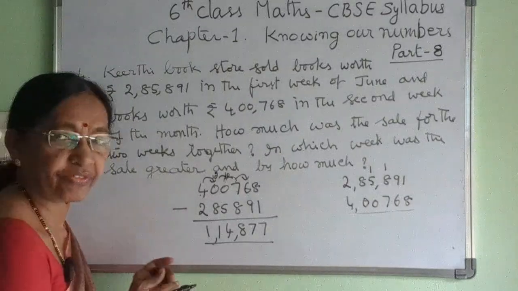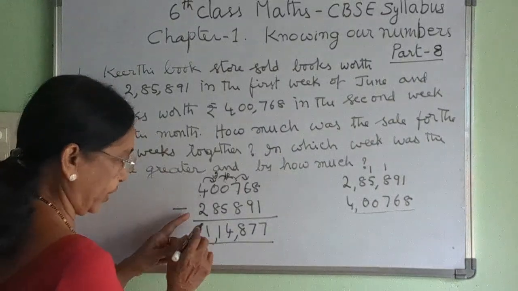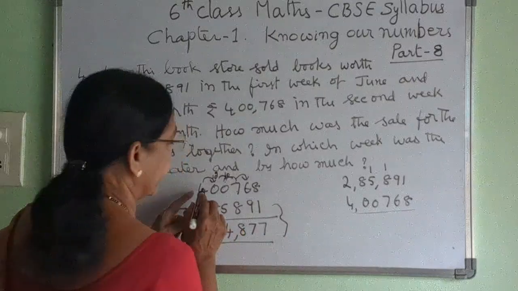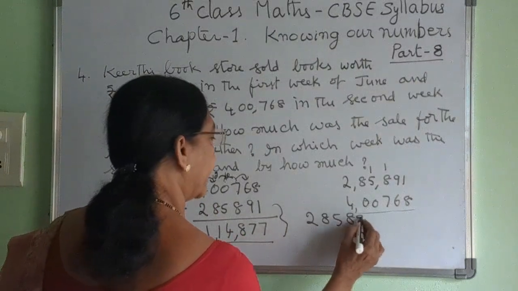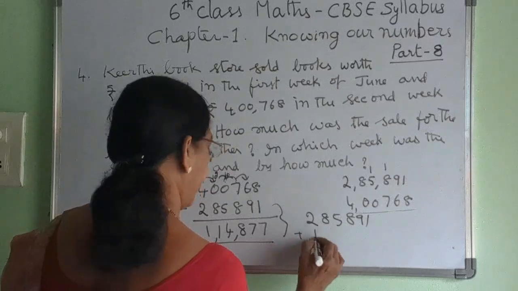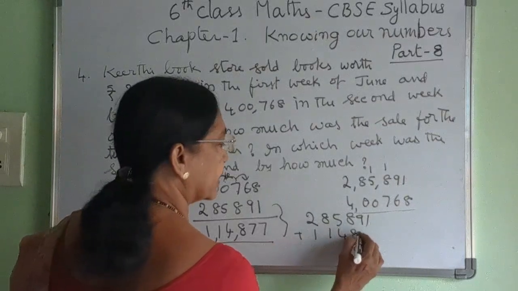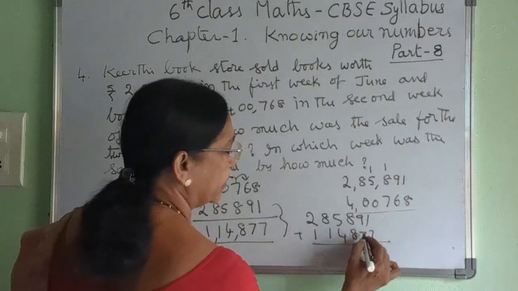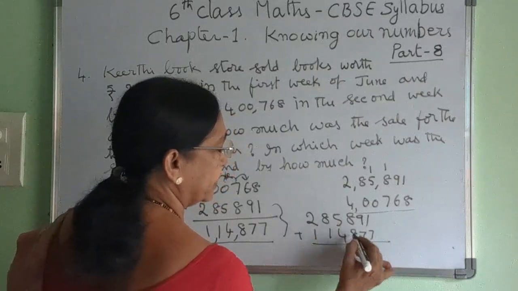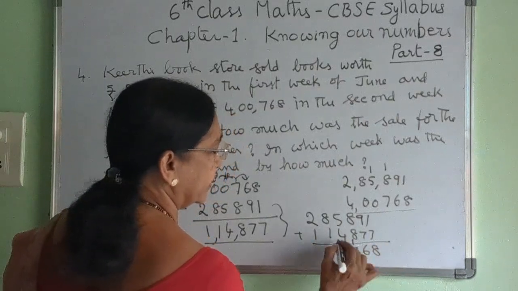So let us verify whether it is correct or not. We have to add these two and get the first one, that is 2,85,891 plus 1,14,877. That is 1 plus 7, 8. 9 plus 7, 16. 8 plus 8, 16 plus 1, 17.